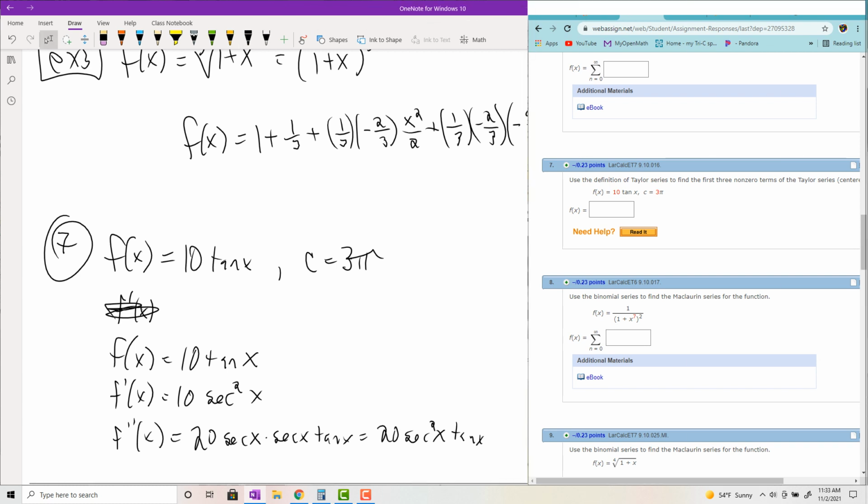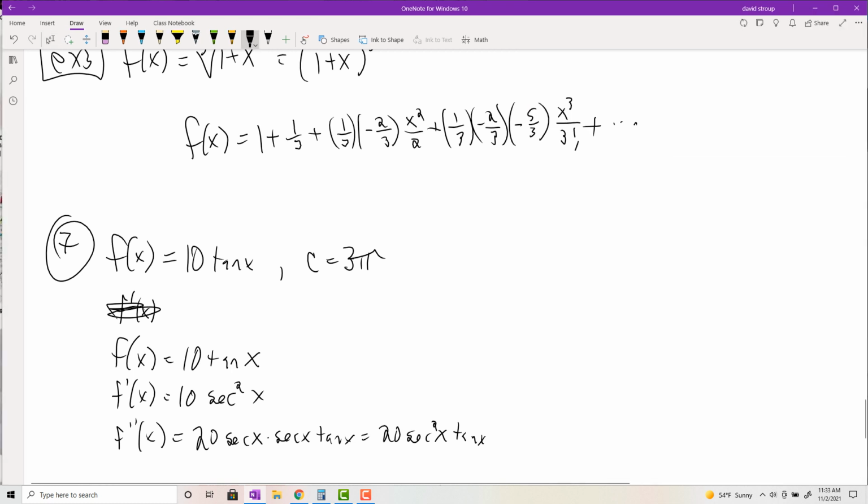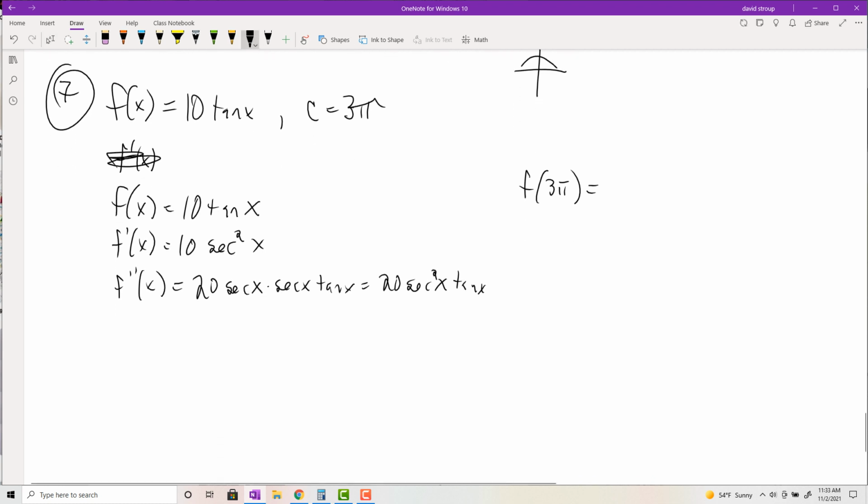I need to evaluate all these at 3 pi. So we got tan of 3 pi. It's just 0, isn't it? Darn it. Tan is sine over cosine, so I'm going to need another term, sadly.